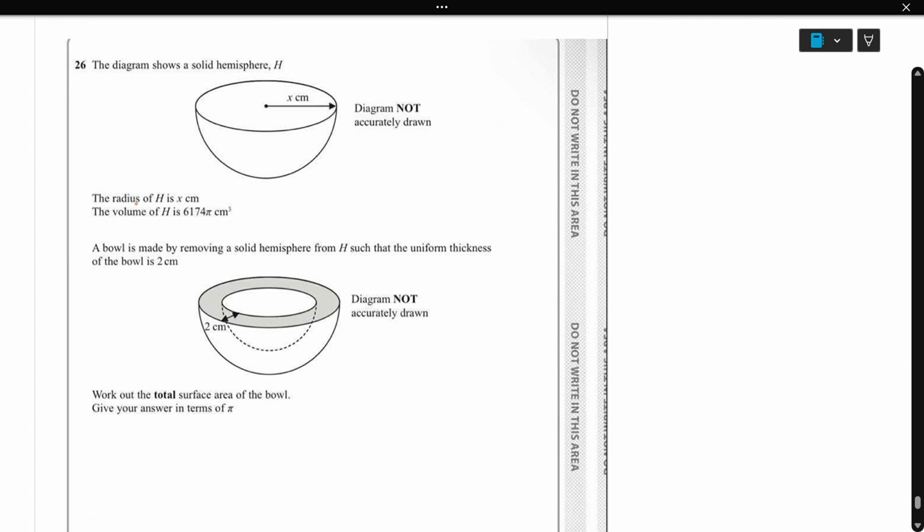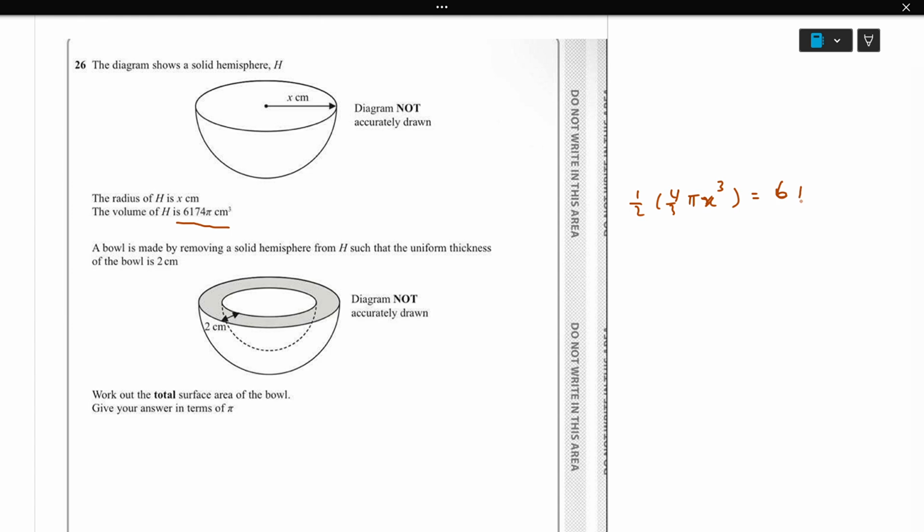Then question 26. The diagram shows a solid hemisphere H. The radius of the hemisphere is x and the volume is given, which is 6174 pi. From here we'll find the radius. How do we find the radius? The volume of the hemisphere is half into 4 by 3 pi r cubed. R is here x. So 2 by 3 pi into x cubed equal to 6174 pi.